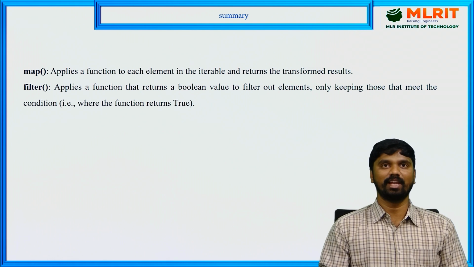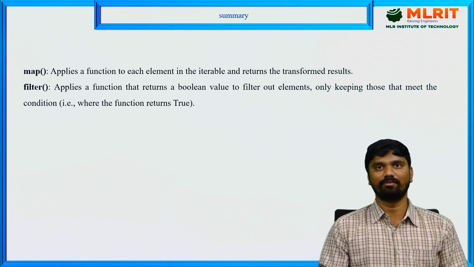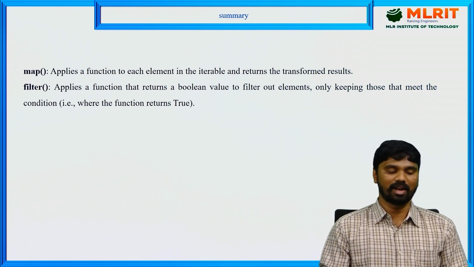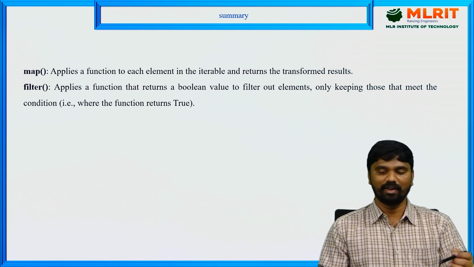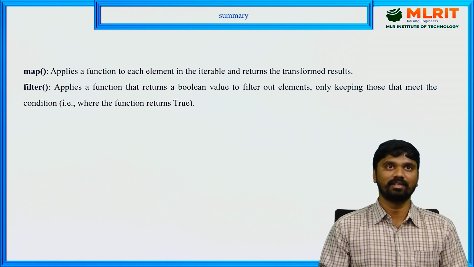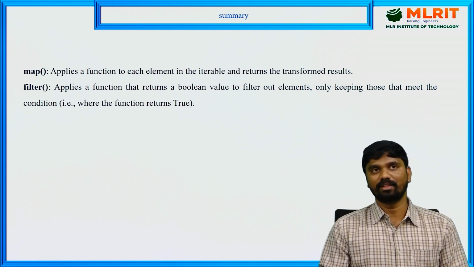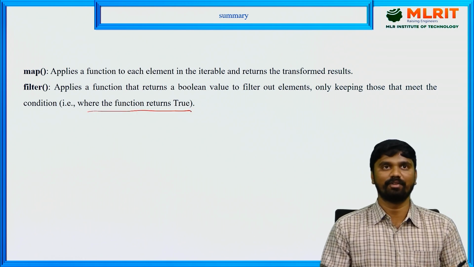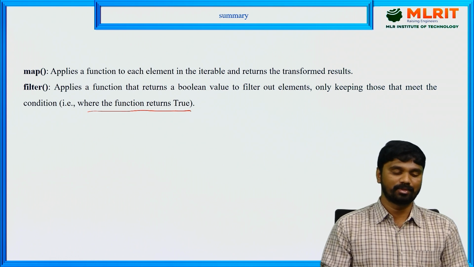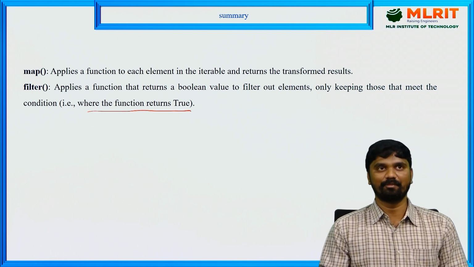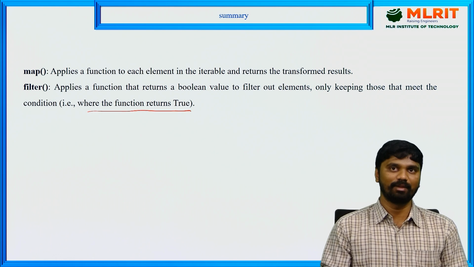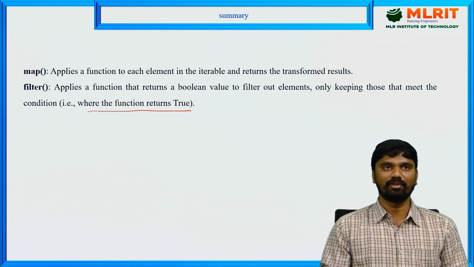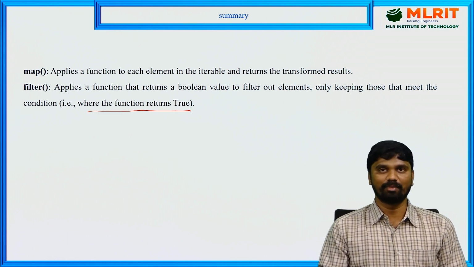For example, elements for which the function returns true will be filtered by the filter function, and elements for which it returns false will not be filtered. So the filter function filters the elements whenever the returned value is true. Similarly, the map function is used to manipulate the elements.